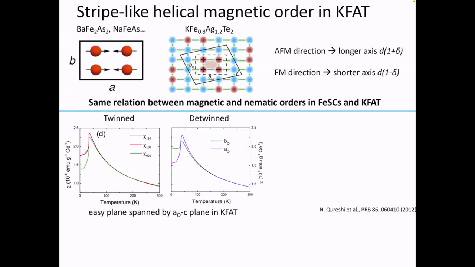However, when we apply a strain to detwin the sample, we actually see that the in-plane direction, the A direction, also drops a lot compared to the B-axis. So these two results basically suggest that this is actually an easy plane system spanned by the in-plane A-axis as well as the out-of-plane C-axis.